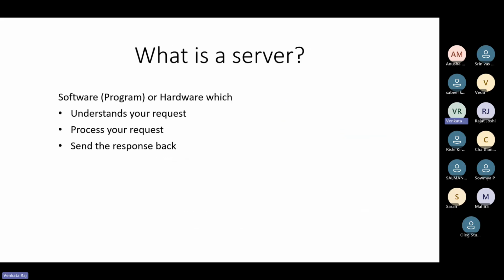But before understanding those terms, first we'll try to understand what a server is. This is a common term that we use in our day-to-day work. You might also have heard people saying, hey, the server is down, the server is not available, the server is too slow, something like this, right?